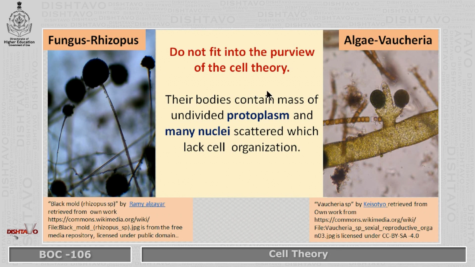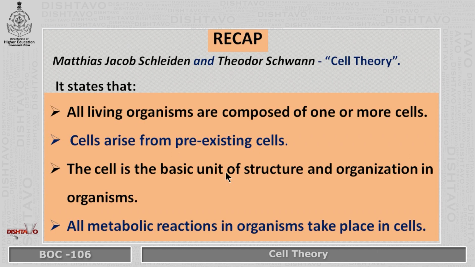They do not fit into this cell theory either. Their bodies contain a mass of undivided protoplasm and many scattered nuclei which lack cell organization. So the cell theory is not applicable to these organisms also.